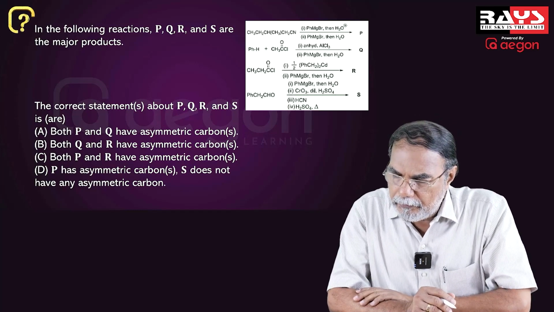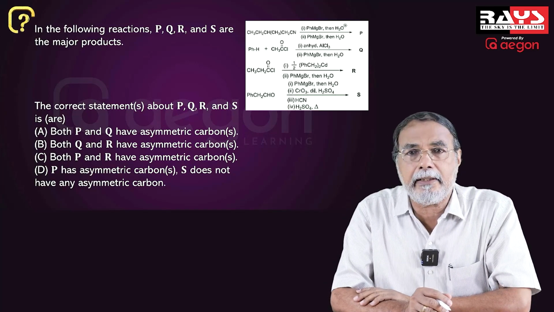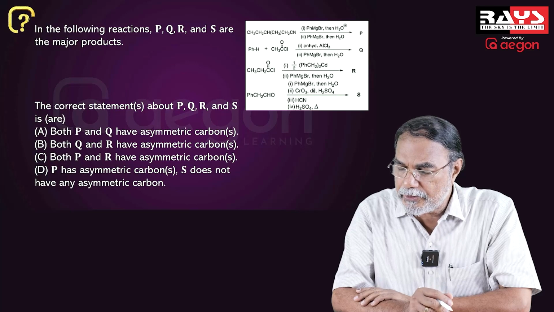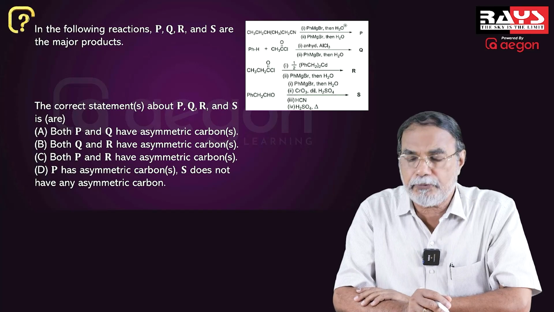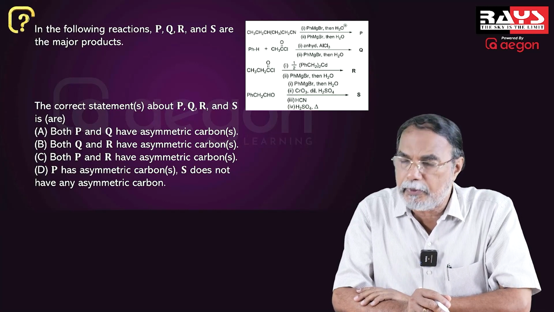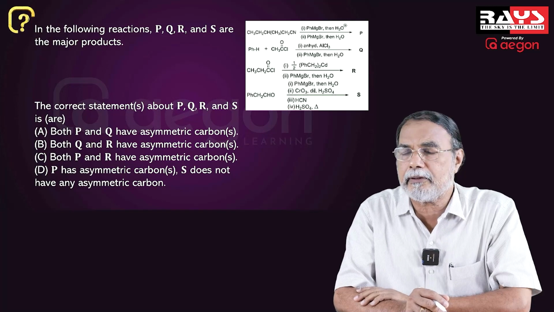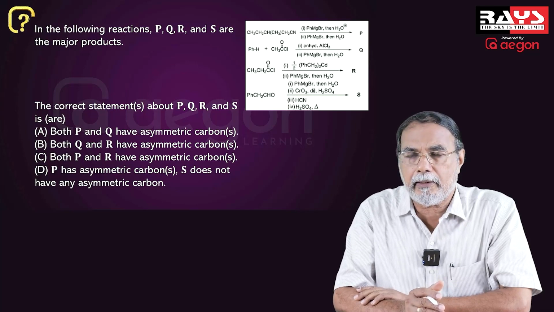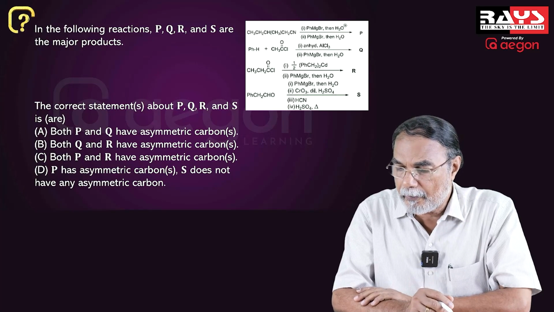The first compound is a cyanide or a nitrile. There are 2 reactions. One reaction is the reaction with phenyl magnesium bromide, a Grignard reagent, followed by treatment with water in acid medium, followed by another reaction on the product.